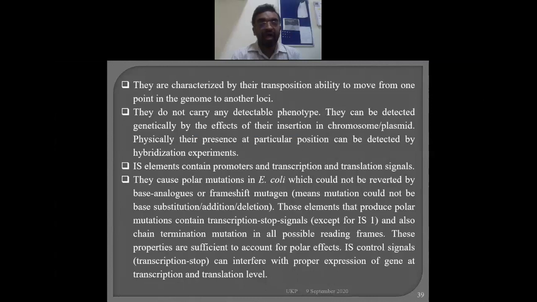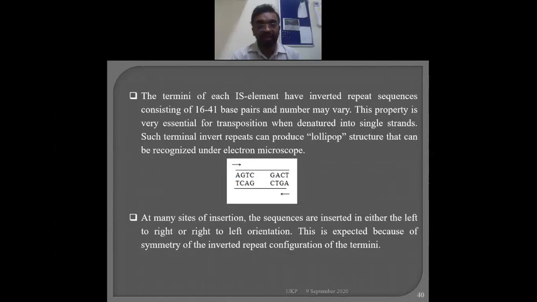Hence hybridization experiments or direct observation of lollipop structure under the electron microscope give information regarding the presence of IS element. Otherwise they encode nothing, only the transposase enzyme is encoded by this transposon, but we can't detect it from the outside. Hence phenotypically they are inactive.